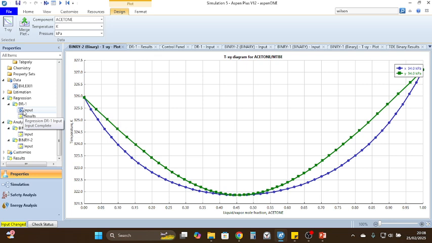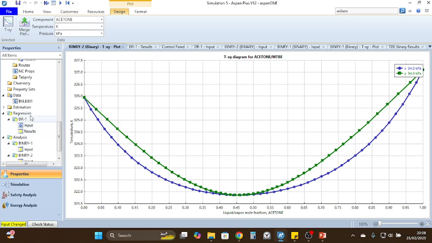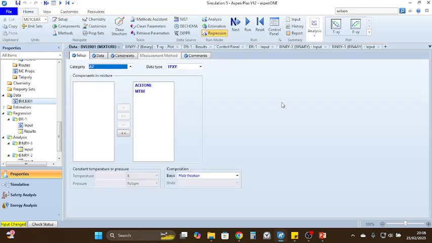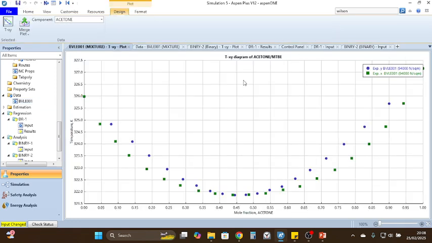Similarly, for this curve over here, we are going to generate a TXY. This is BVL001, and now we are going to merge the plots.